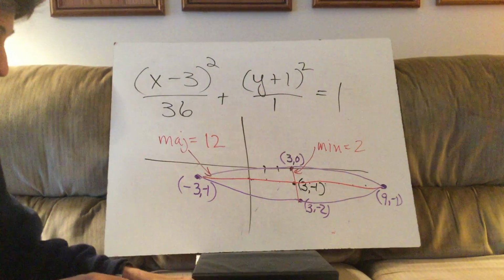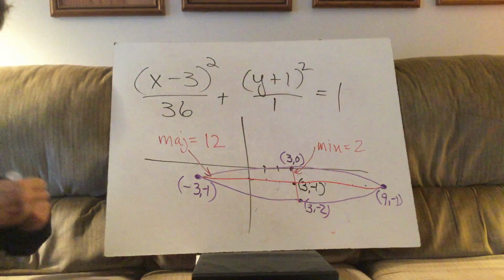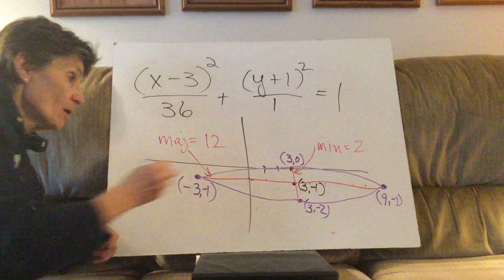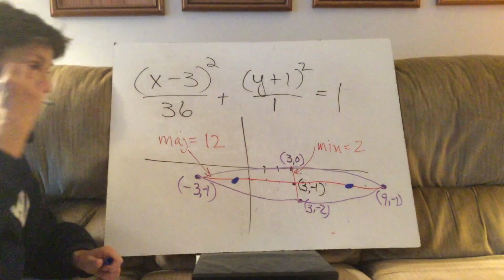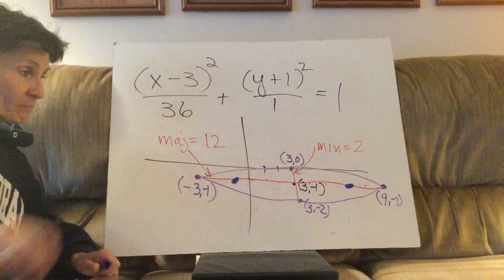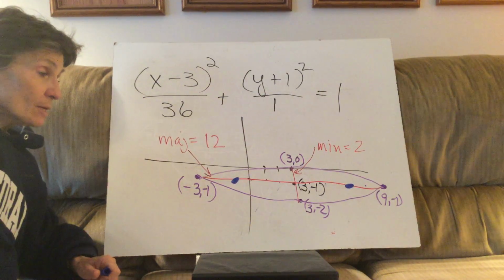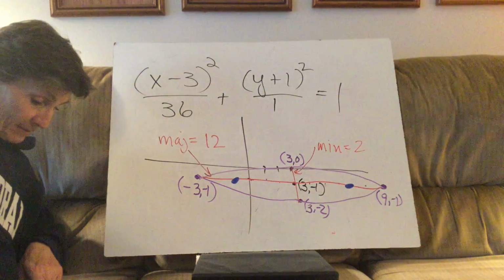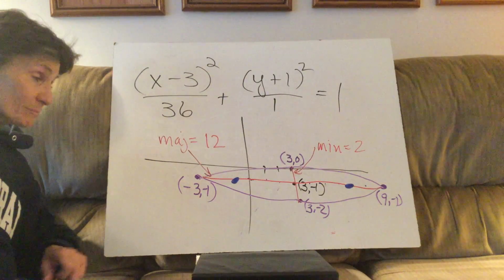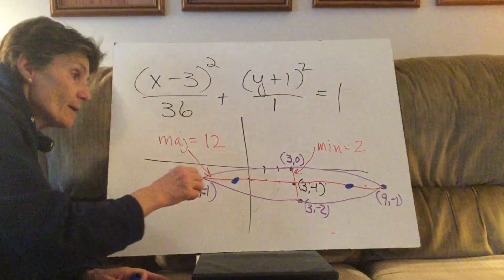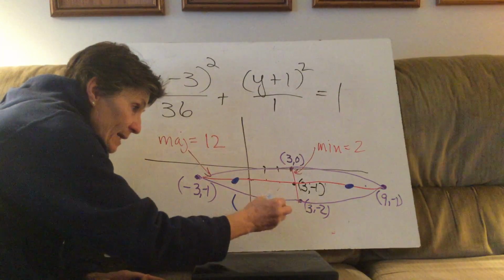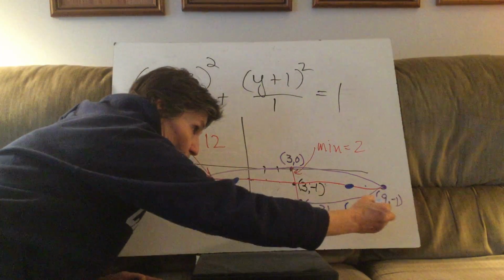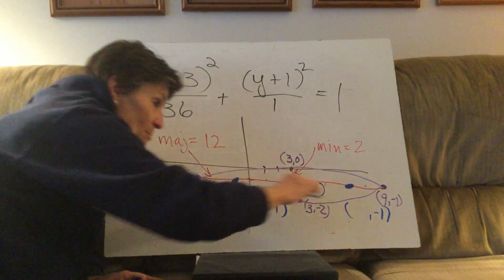I know that my foci are always located on the major axis. So already I know, because I have to fill in the blank there on my paper, that whatever they are, their y coordinate is going to be negative 1, because they're right in line with all these points right here.